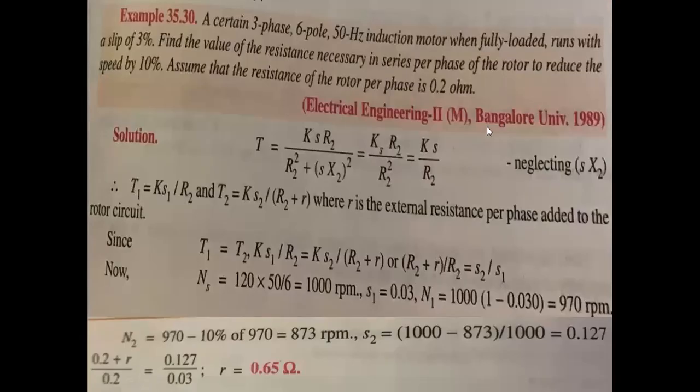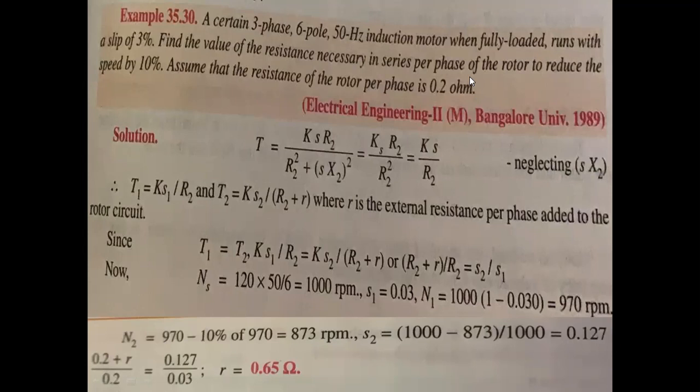Next problem. A certain 3-phase 6-pole 50 Hz induction motor, fully loaded, runs with a slip of 3%. Find the value of resistance necessary in series per phase of the rotor to reduce the speed by 10%. Assume that the resistance of the rotor per phase is 0.2 ohm.